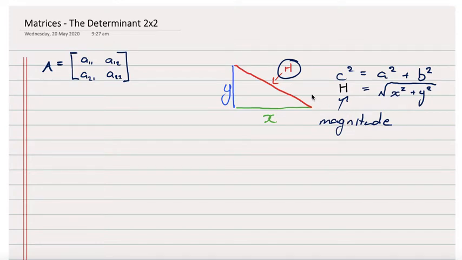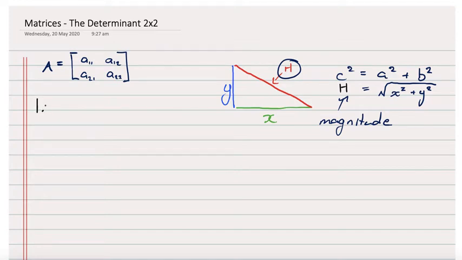So what we're looking at here, or the way in which this relates to matrices: consider we've got a 2 by 2 matrix and we want to find the magnitude of it.